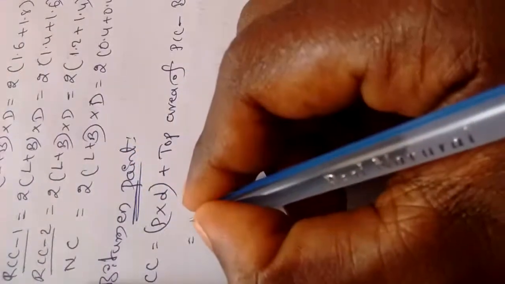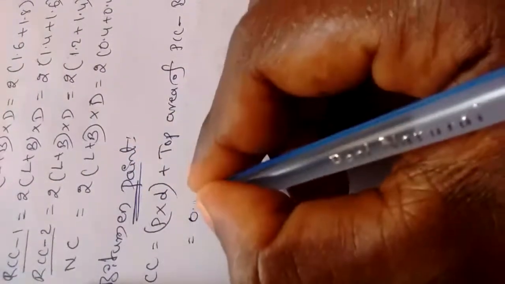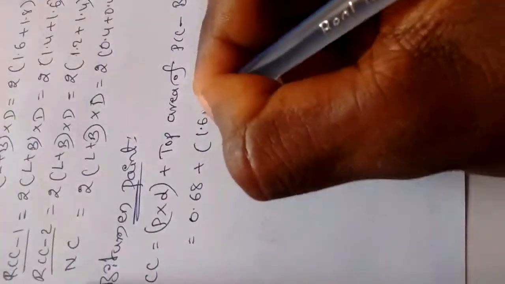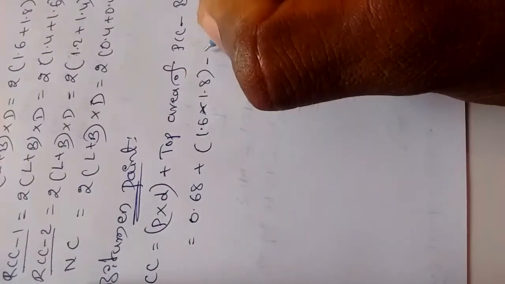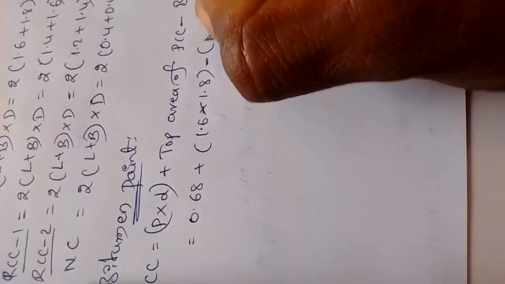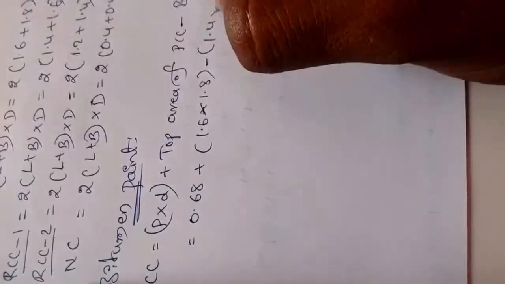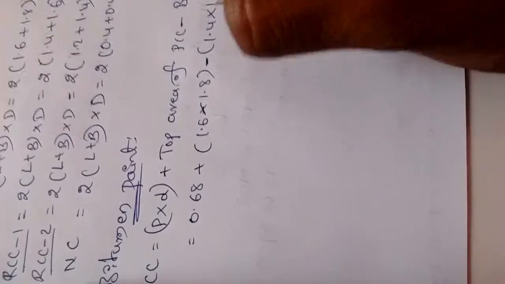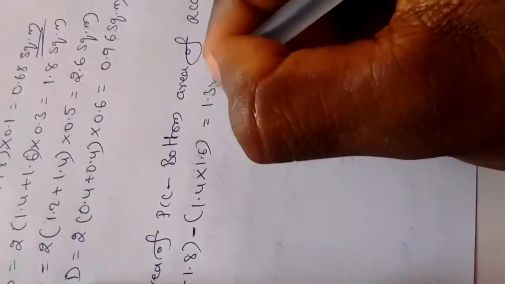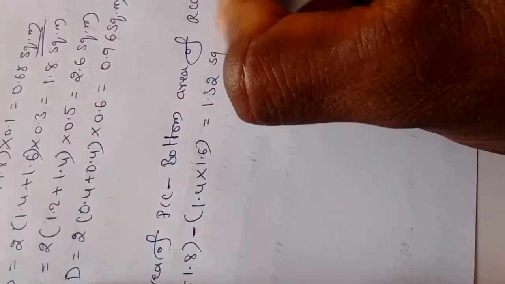Perimeter into depth, this is the shuttering area, equals 0.68, plus top area of PCC 1.6 meters into 1.8 meters, minus bottom area of RCC 1.4 meters into 1.6 meters. Total you get 1.32 square meters.